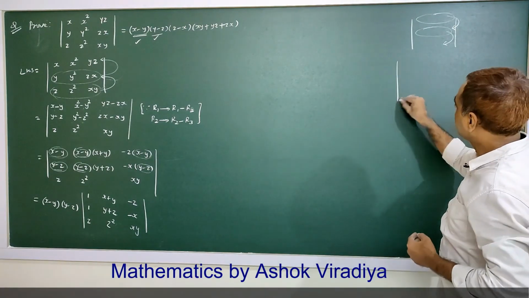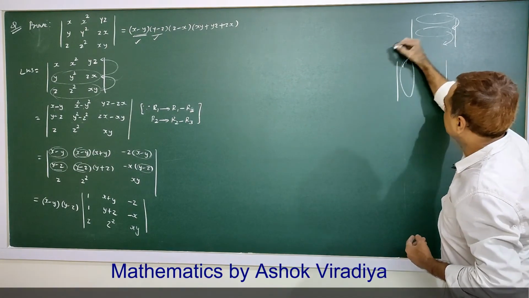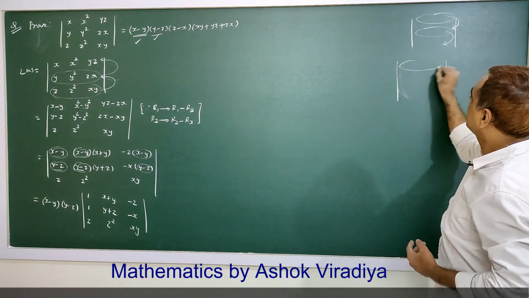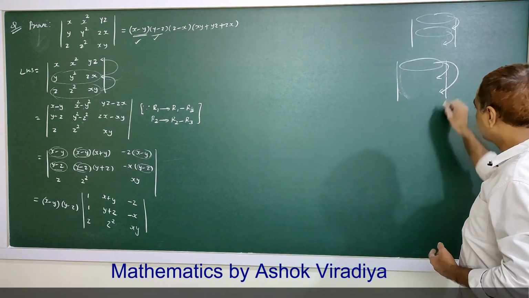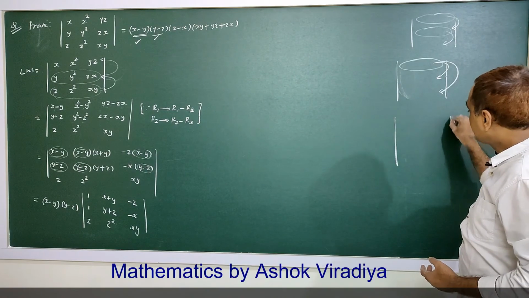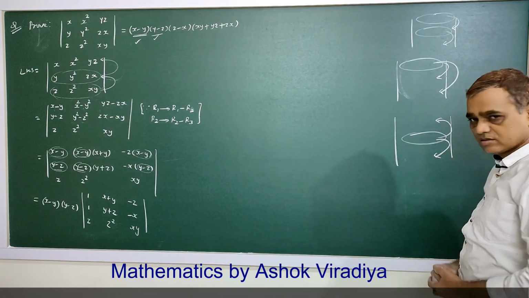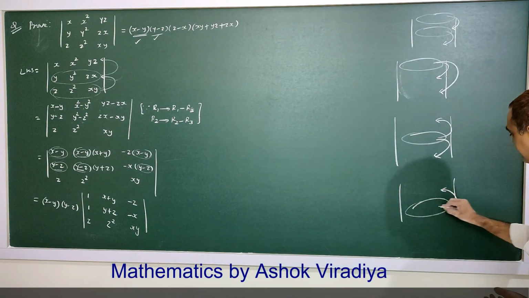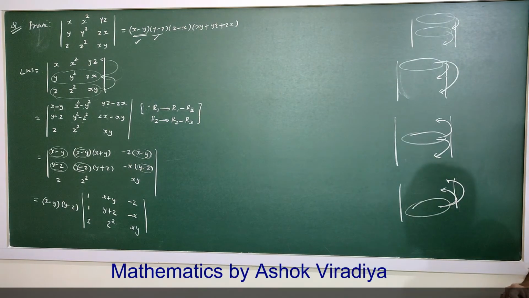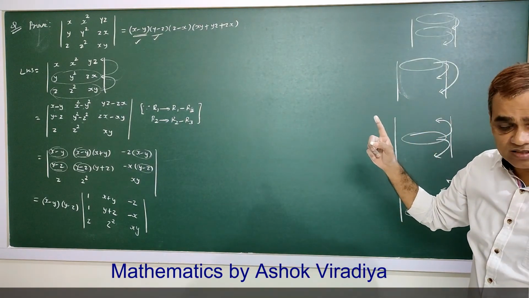We can also start by subtracting first row in second as well as in third, or subtract middle row in first in third, or subtract third row in second in first. 1, 2, 3, 4, 5 or more ways of starting.